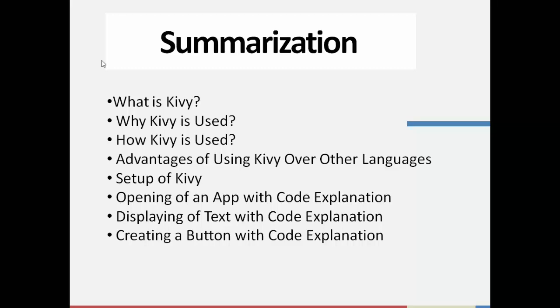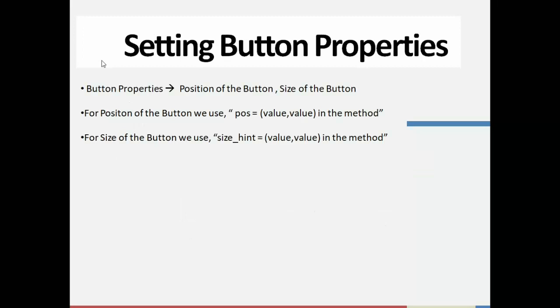Now we see how we are going to alter the button in a smaller format. For doing that, we are going to set the button properties in the method for the code. Now, what are the button properties we require? We require the position of the button and size of the button. For position of the button, we use pos, which is position, equals to value comma value.